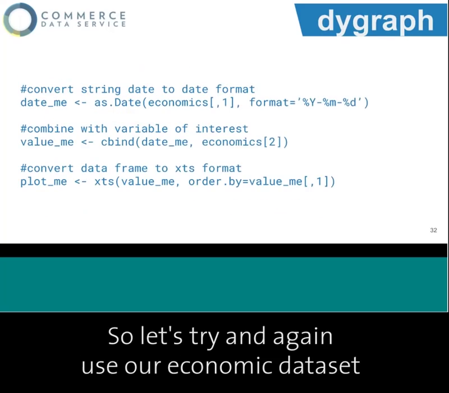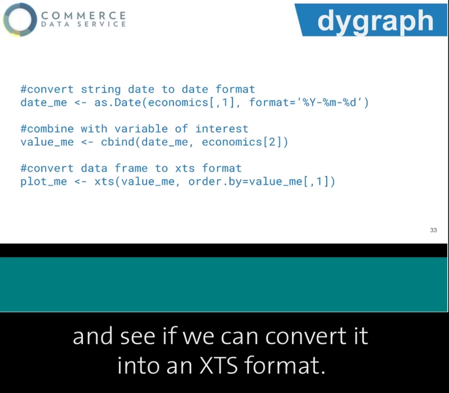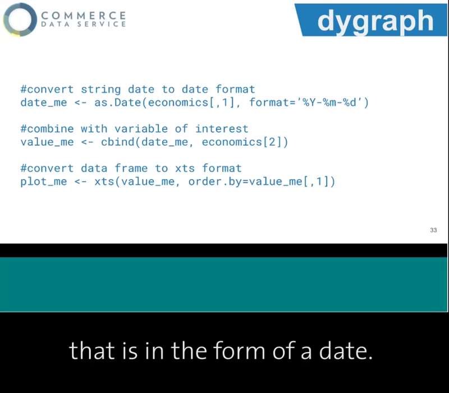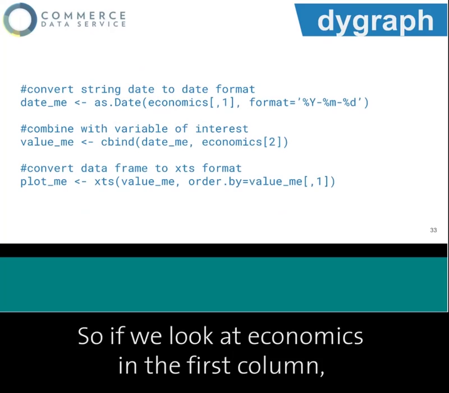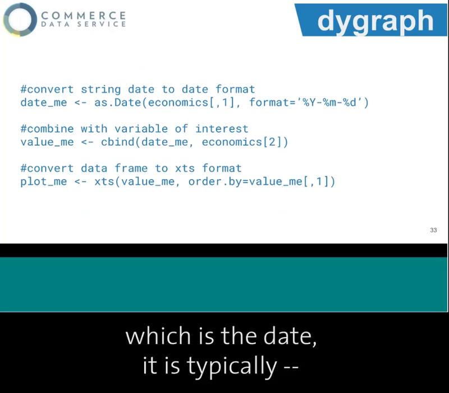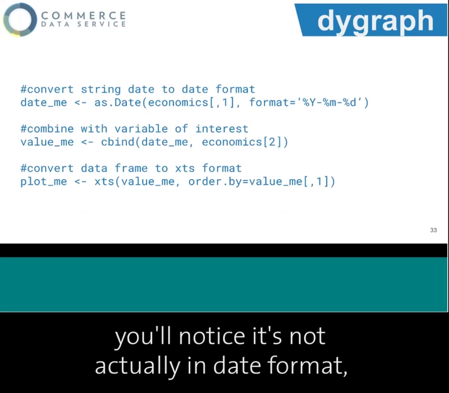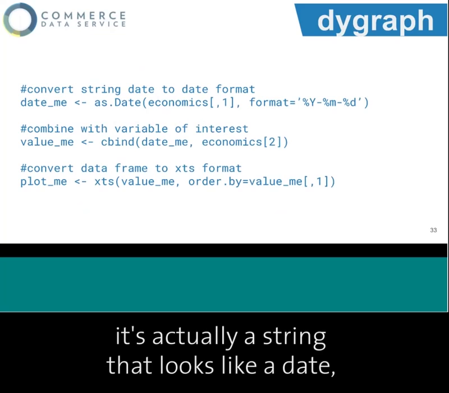So let's again use our economics data set and see if we can convert it into an xts format. First thing we need to do is create a variable that is in the form of a date. If we look at economics and the first column, which is the date, you'll notice it's not actually in date format, it's actually a string that looks like a date.